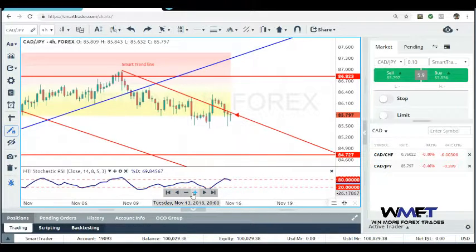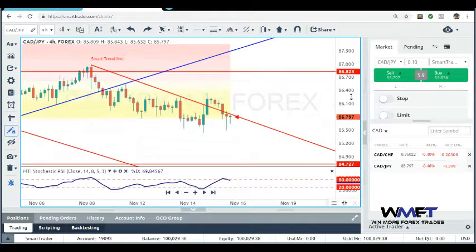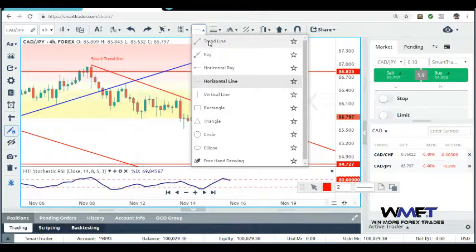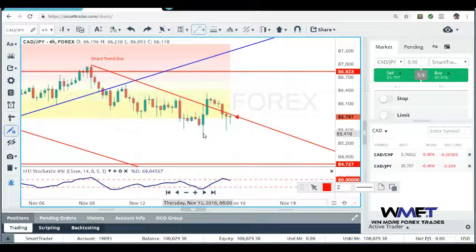As a matter of fact, once the market opens, you guys could actually jump into this sell trade right now, because right now you do have an aggressive counter trend line.